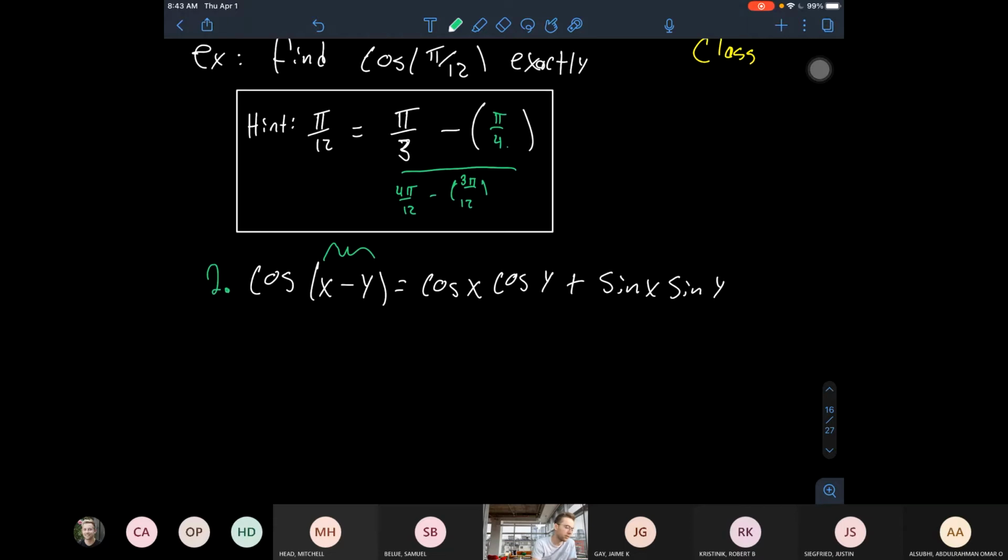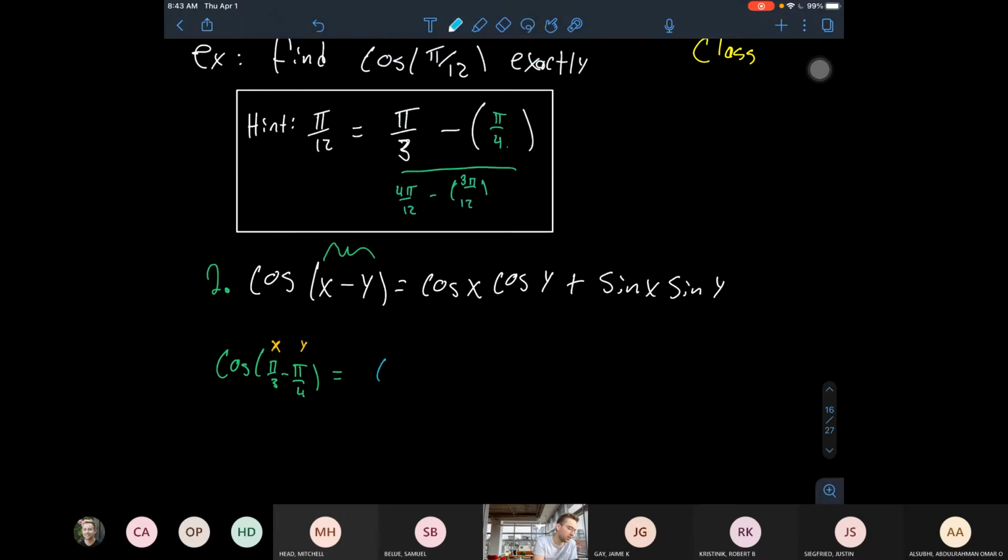Okay, so now our goal is to find cosine of pi over 3 minus pi over 4. And that should just be equal to, now I'm going to let this one be x and this one be y.